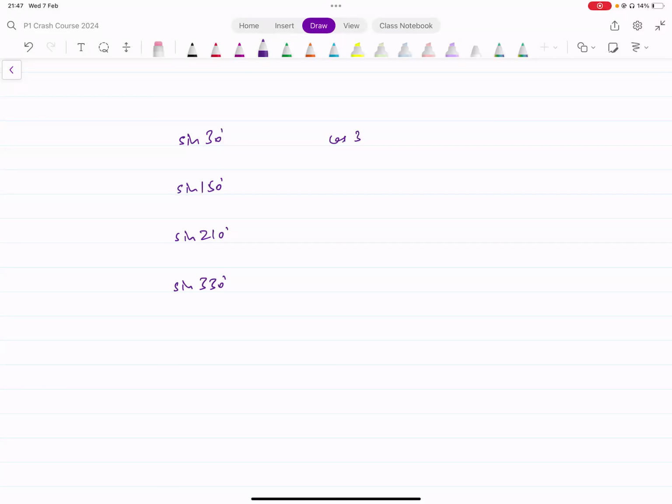Cos of 30 degrees, cos of 150 degrees, cos of 210 degrees, cos of 330 degrees. And then you have tan of 30 degrees, tan of 150 degrees, tan of 210 degrees, and tan of 330 degrees.